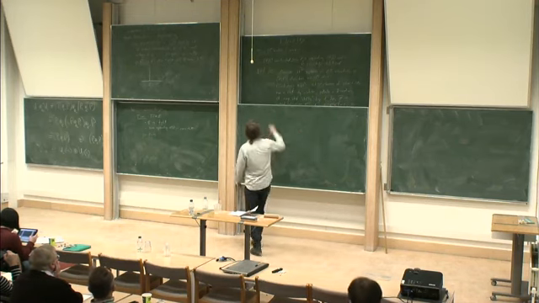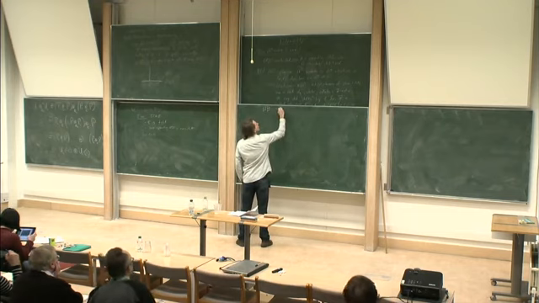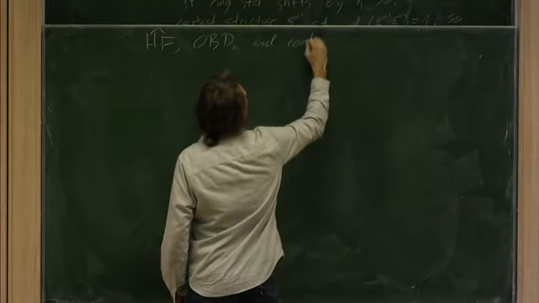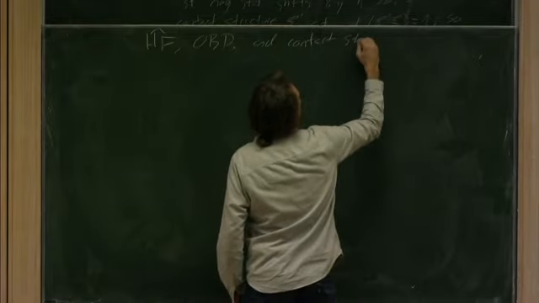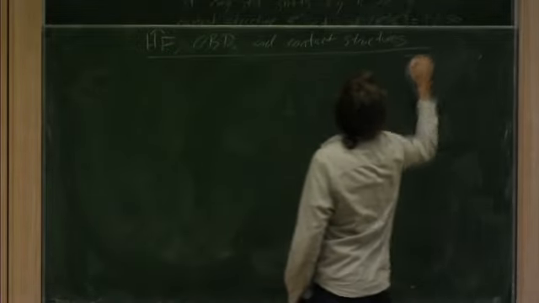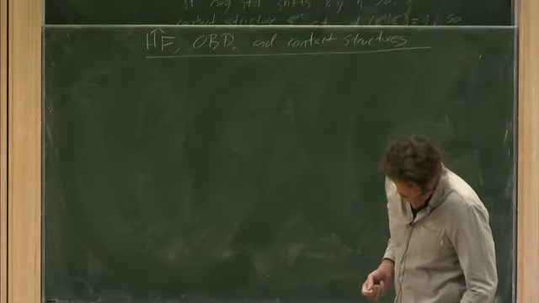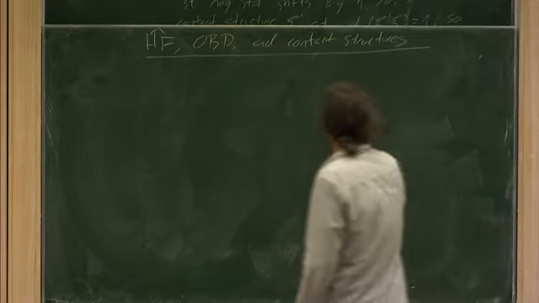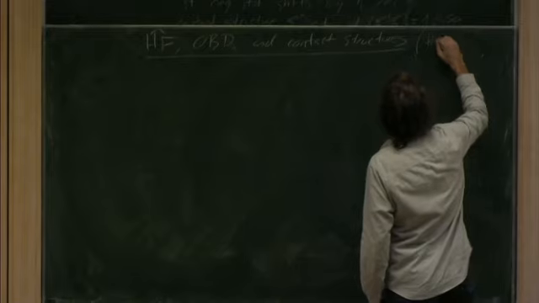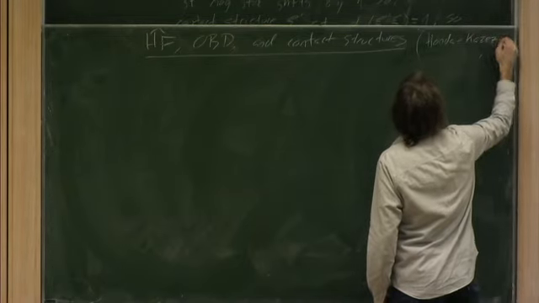So let's say Heegaard Floer homology, with the hat on it, open book decompositions, and contact structures. Okay, so how do we want to set this up? Let's see what I have. I should say that the treatment I'm giving here is mostly due to Honda, Kazez, and Matić.